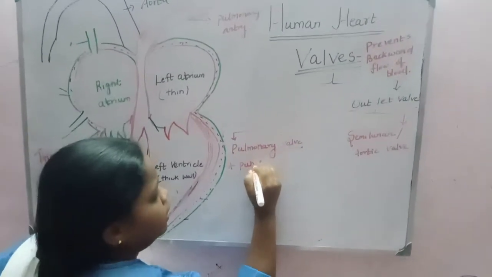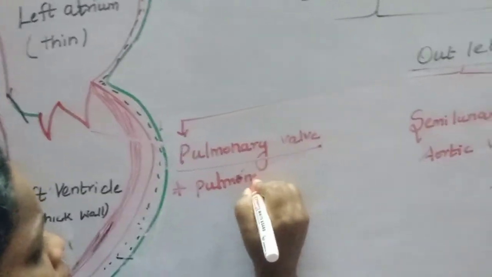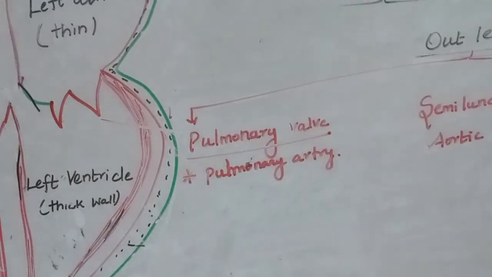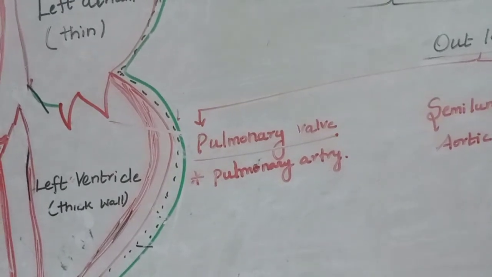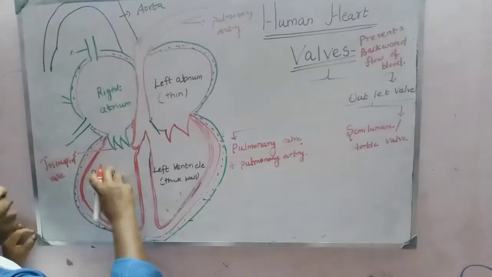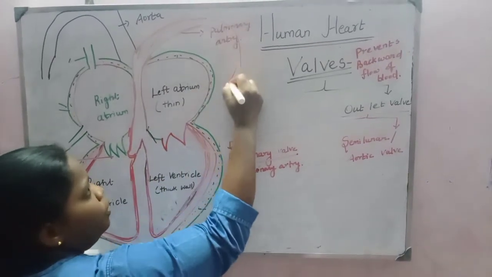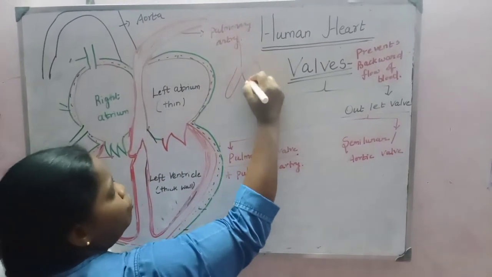What is the role of this valve? It allows the blood from the right ventricle to the lungs. It carries the blood to the lungs for purification.